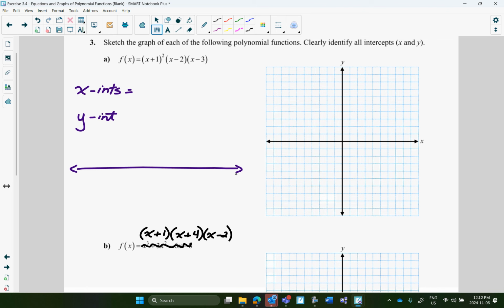Should be able to tell me what the x-intercepts are. They are all the values of x that make the factor 0. So what value of x makes this 0? What value of x makes this 0? What plus 1 is 0? Negative 1.